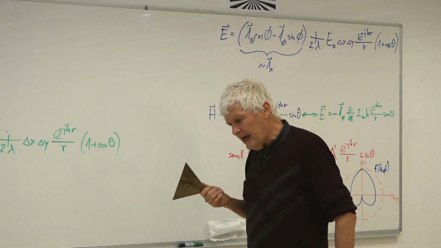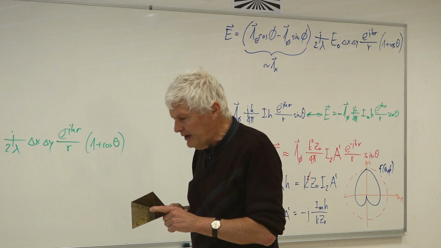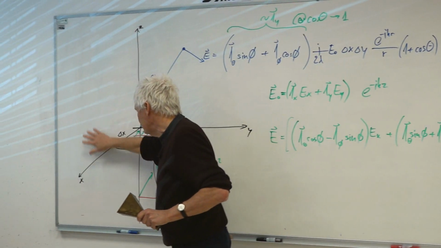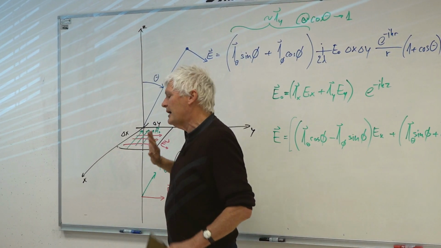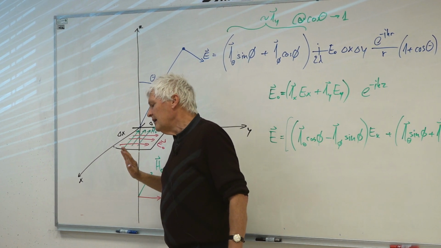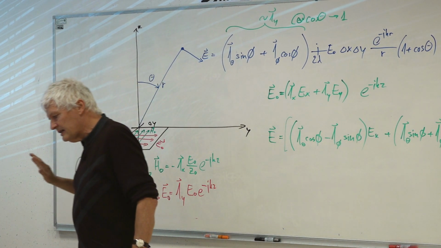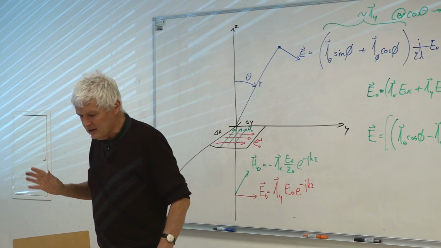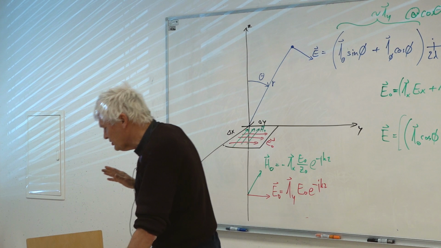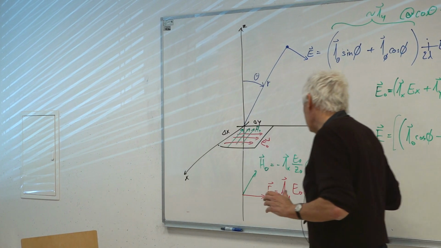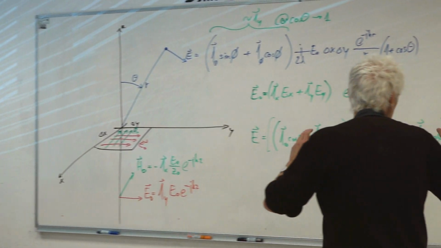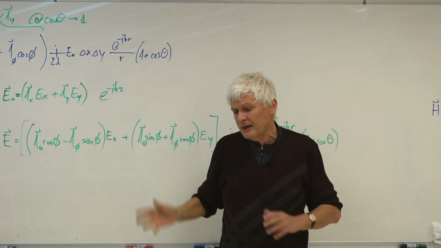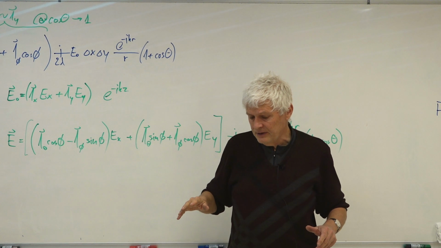For very small apertures, it doesn't hold, because if the aperture is really small and there is a conductive screen all around, there will be currents flowing in the conductive screen. If there are currents flowing, that means that there is radiation from the conductive screen. So just to explain where the limits are, this was our simplification, and this simplification fits very well what we are going to do next hour. Fits very well in the problem.